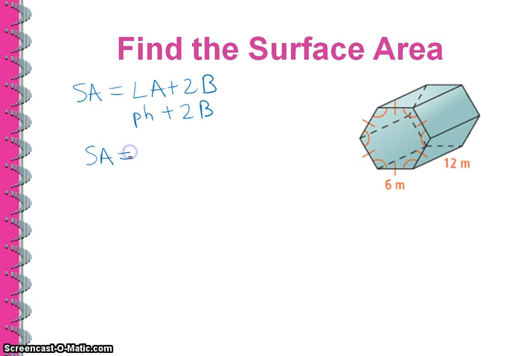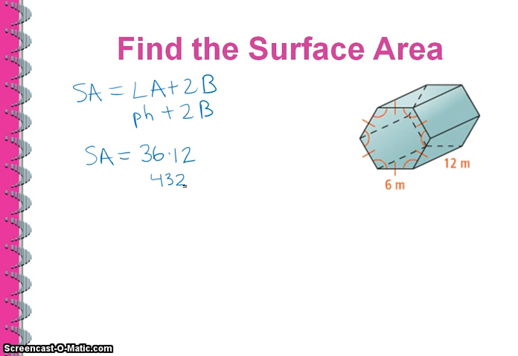The lateral area is just going to be the perimeter, which is 6 times 6, or 36, times the height, which in this case is 12. So that is going to give me the lateral area, which really ends up being 432.